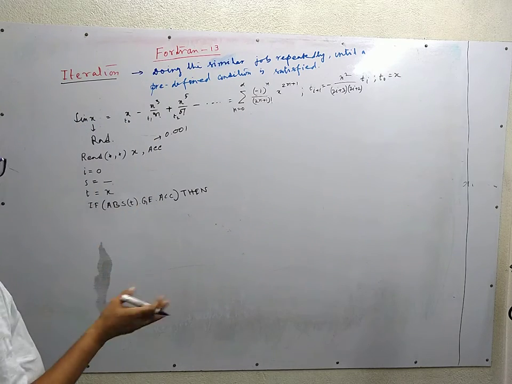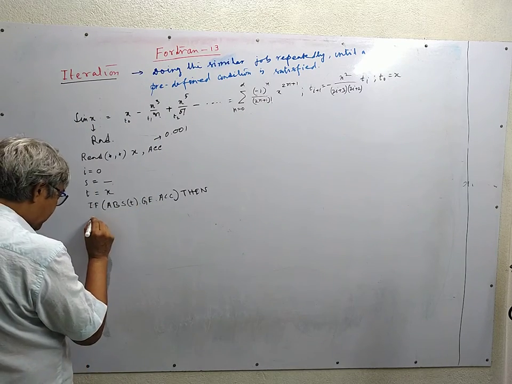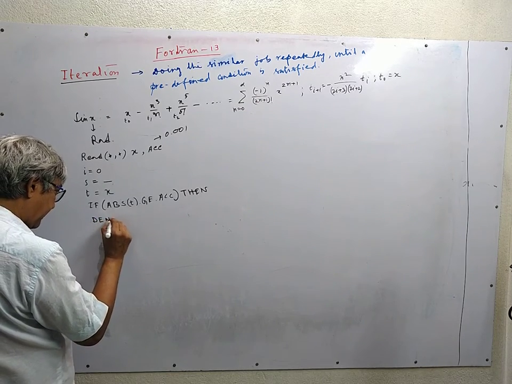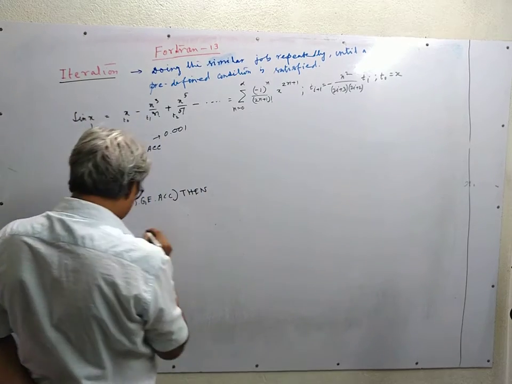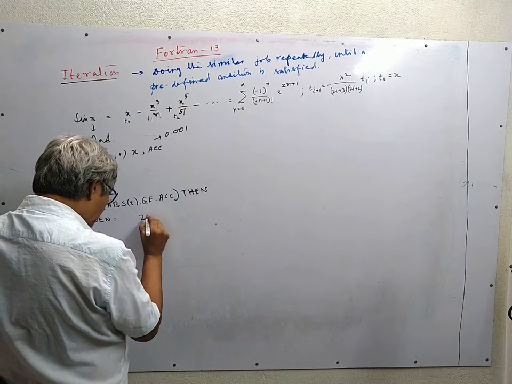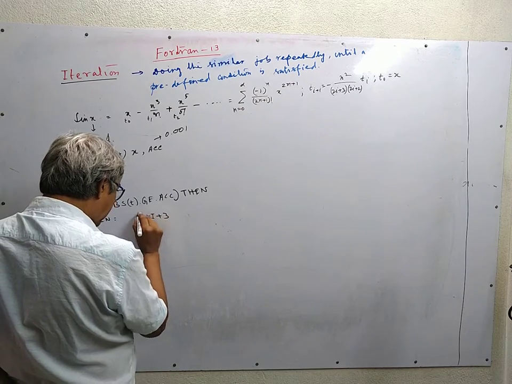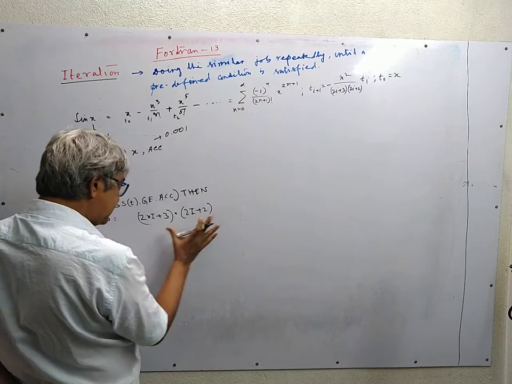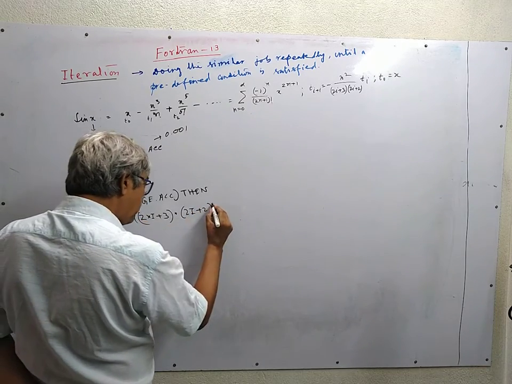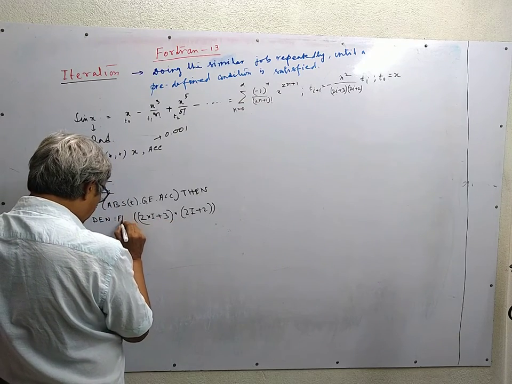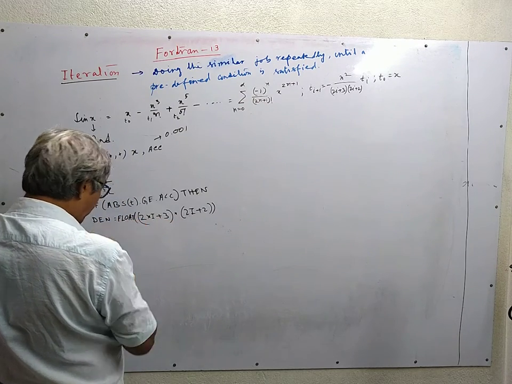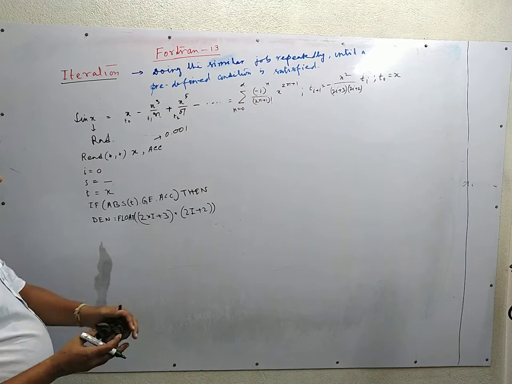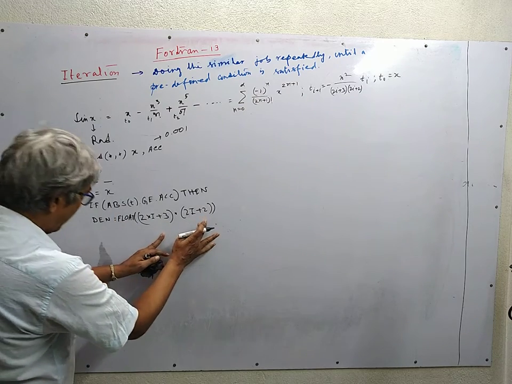We will calculate the next term, that is, first we are to calculate the factor in the denominator. The factor in the denominator is 2 times i plus 3 star 2 times i plus 2. It is an integer, so we want to make the corresponding float of it. So if this number after multiplication is 5, it will make it 5.0.